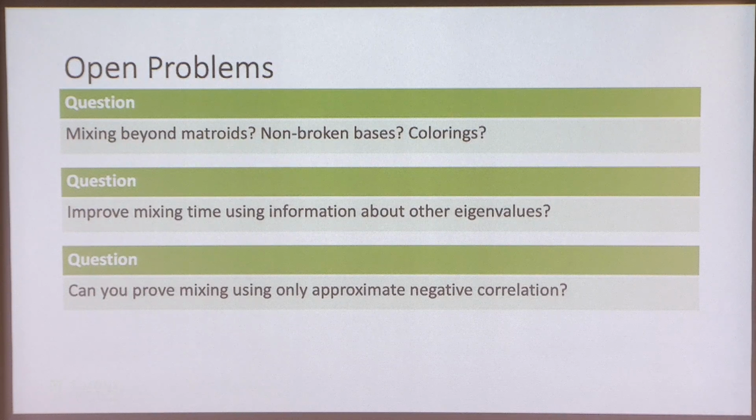So I guess another question is, can you get mixing using approximate negative correlation? Okay, so what does that mean? Maybe this is where I can write something on the board.